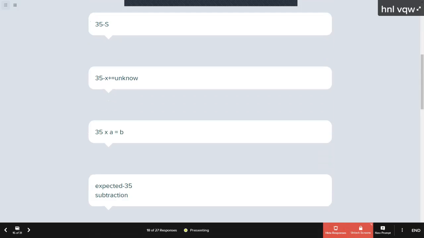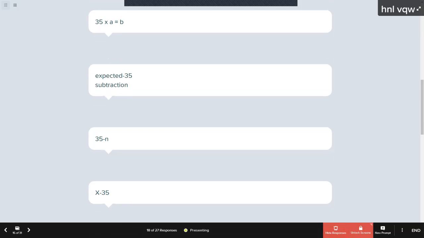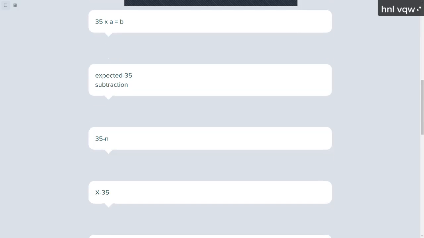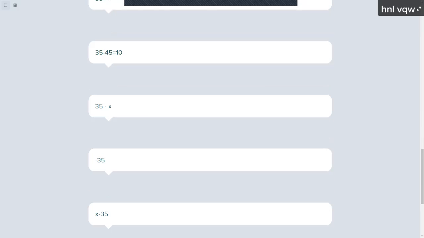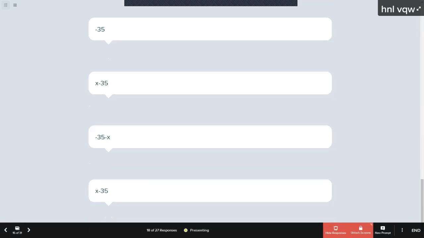Not sure where the plus and equal comes from. Expected minus 35, subtraction. Well, I guess that's sort of true. Not sure where we're going. Again, you weren't supposed to make up a problem with 35. I don't know if that's what's going on with you guys picking random numbers.